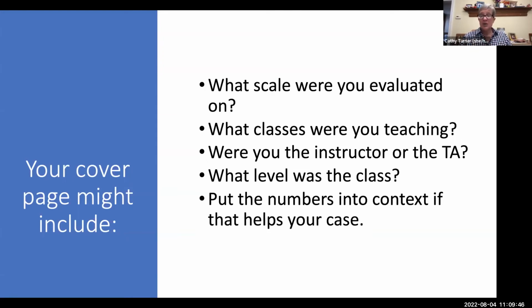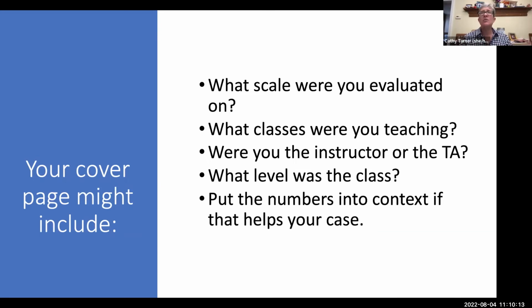You also want to talk about what classes you were responsible for. Were you the instructor, or were you just a TA? You may also want to include the level of the class, and you might want to put the numbers into context if that helps your case. So for example, at Penn, our evaluations often show you the average of all the other classes like your class, or the average of all the other TAs. And if your number looks good, then you might want to share that information.